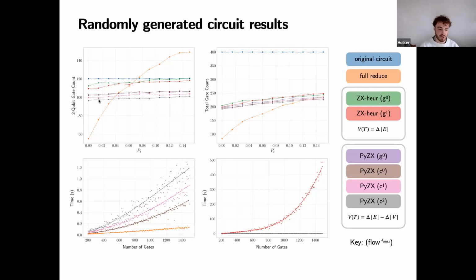But I think that's just because I'm restricting the number of transformations that I'm doing, such that they always reduce the number of two-qubit gates, and that leads to better performance when there are a lot of non-Clifford gates, but it won't necessarily be as optimal.